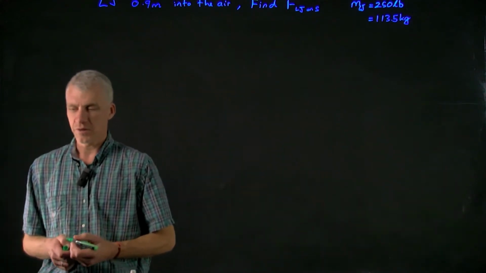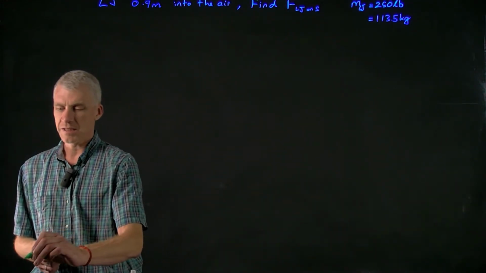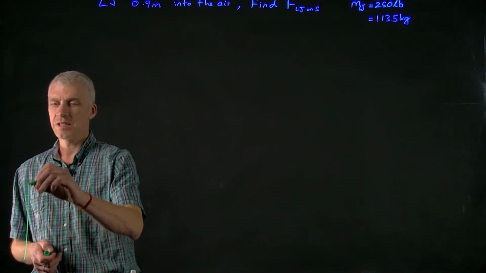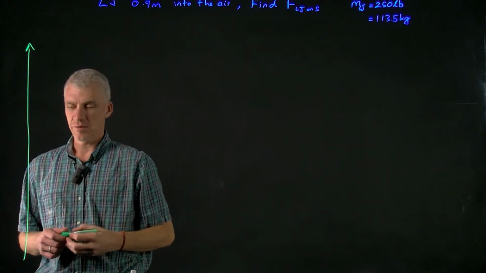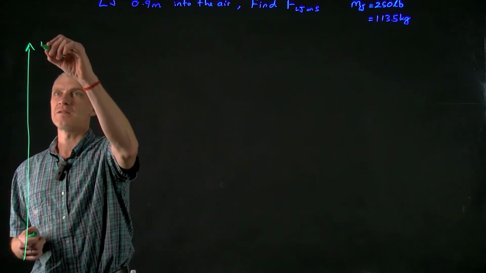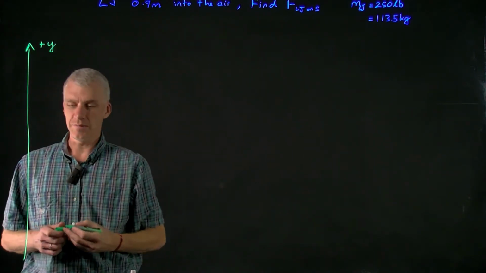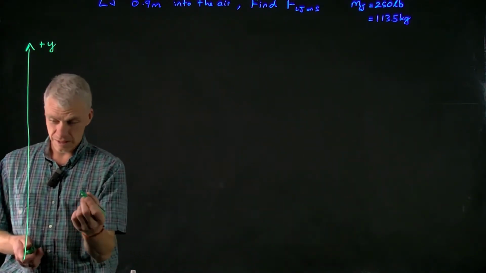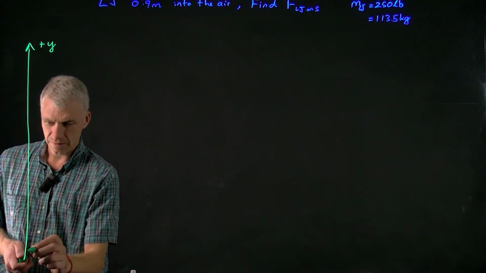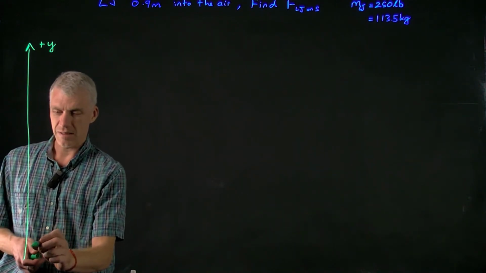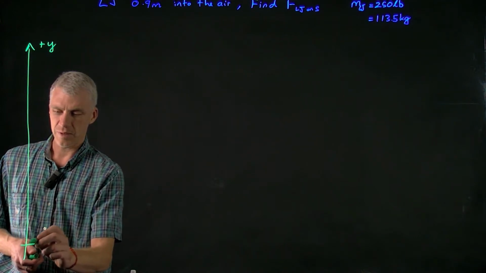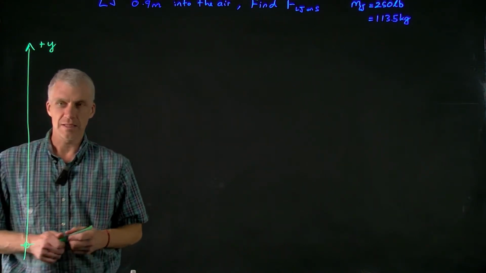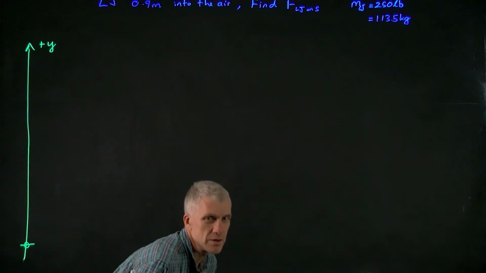Next, I'd like you to try and figure out how to visualize this problem. This problem is a little tricky to visualize because it really is a problem in two phases. So what I'm going to do is try and break up that motion into its two phases. I'm going to use LeBron James's head as a reference point. At some point, he crouches down like this in order to jump.